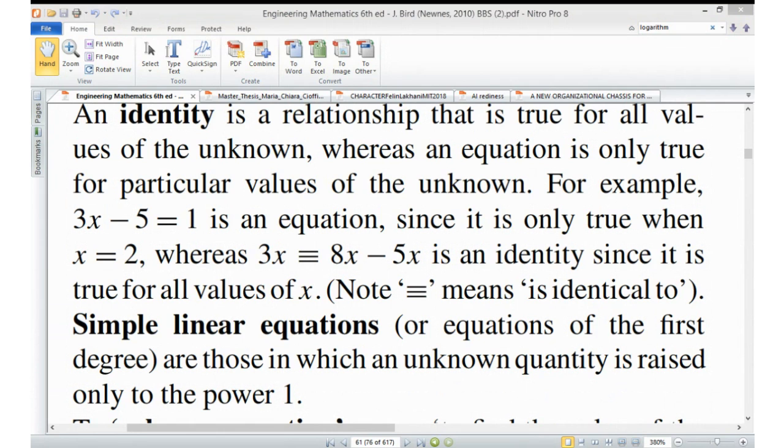Basically, it refers to the power with which the unknown value is represented. It's fortunate that when we talk about the power, we know what the power is all about. We're going to do the classification as we move on.